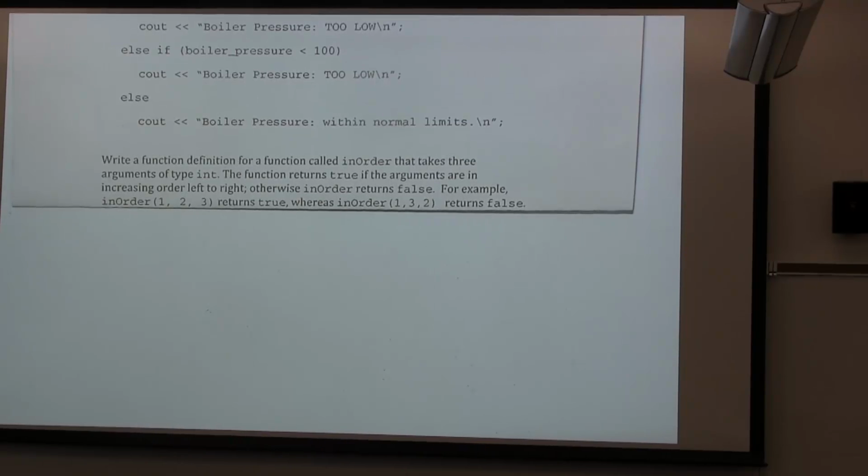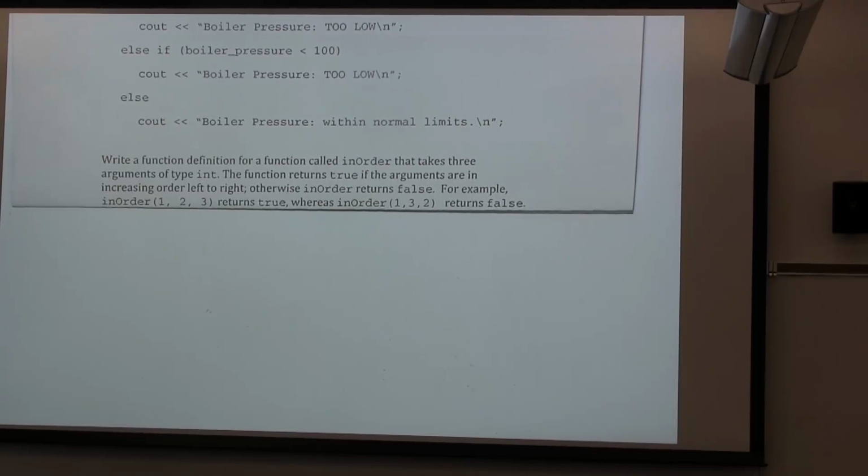Yes? Okay, so first we should prompt for the 3 numbers. Well, it's a function, so don't worry about prompting the user or anything like that. So check if the second one's greater than the first one, and the third one's greater than the second one.